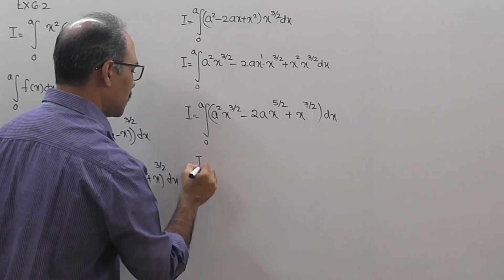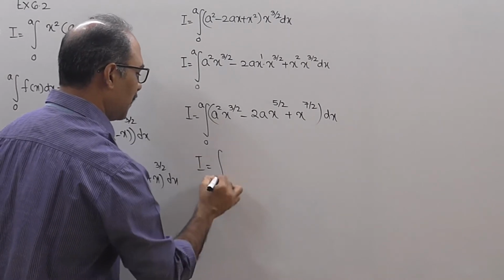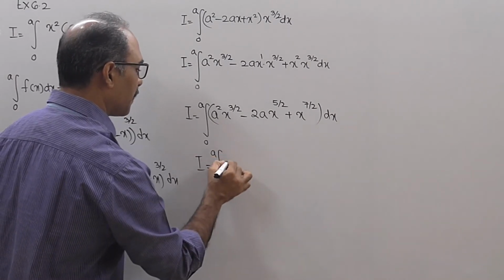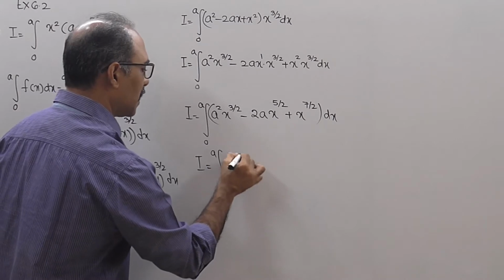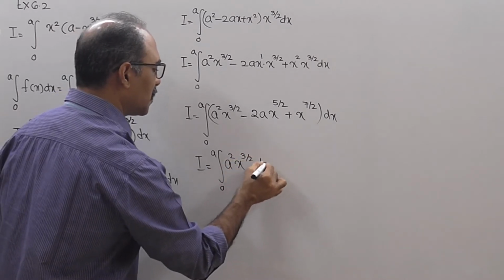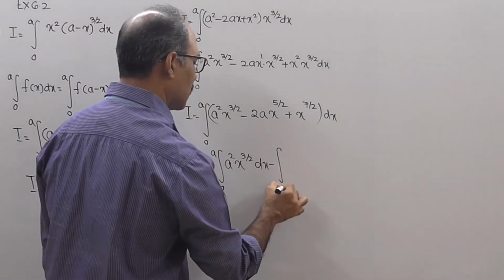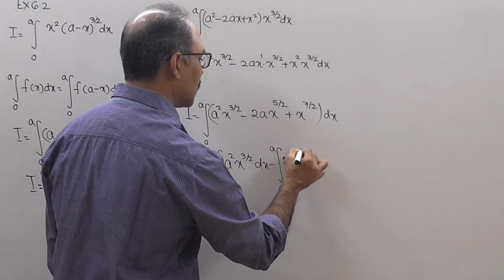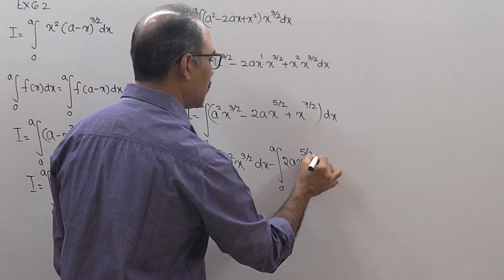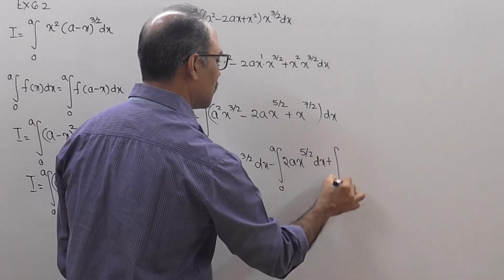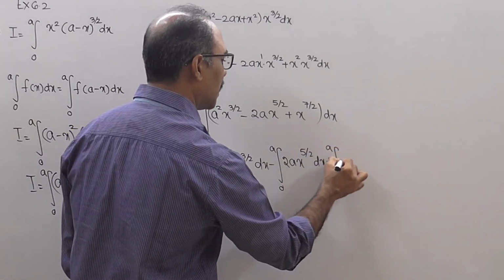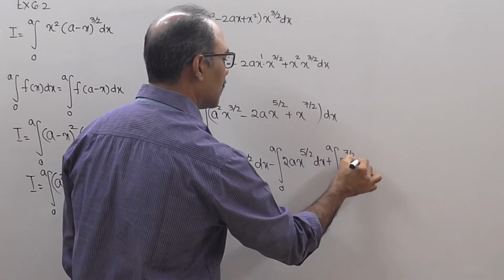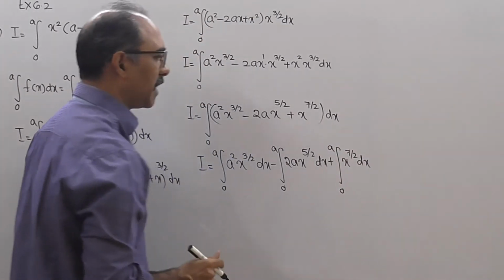Now split the integration and give it to all the terms: 0 to a, a square x raised to 3 by 2 dx, 0 to a, 2ax raised to 5 by 2 dx, plus integration 0 to a of x raised to 7 upon 2 dx.